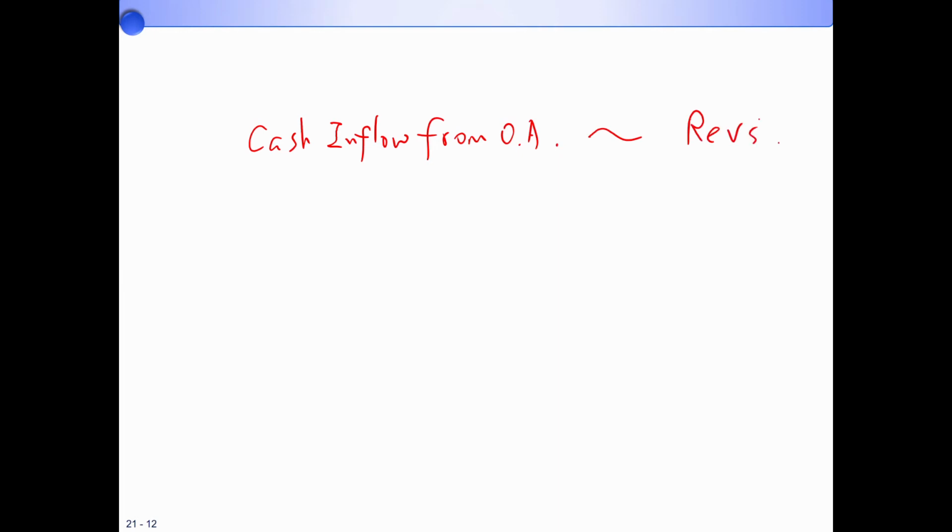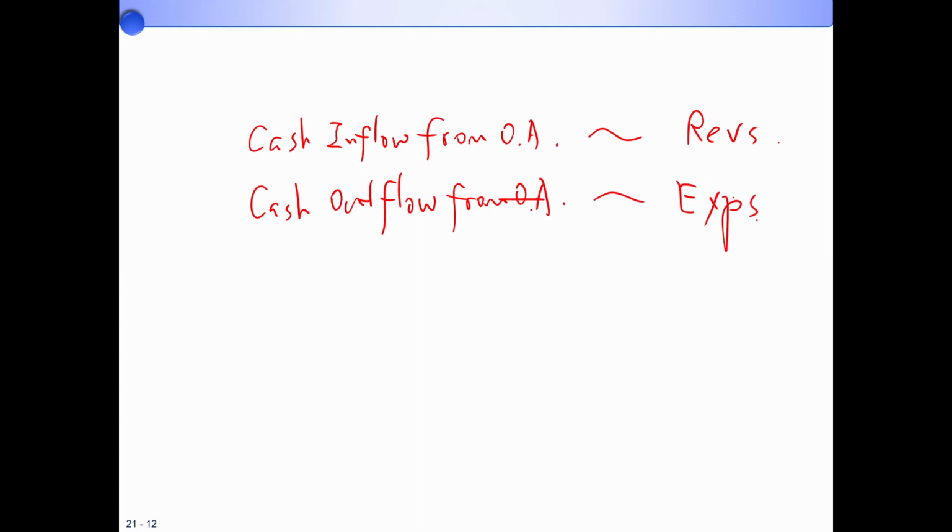Related to revenues, and the cash outflow from operating activities, okay, are related to those expenses. Okay, so net cash flow, okay, so this one, inflow minus outflow, is going to be net cash flow, right?